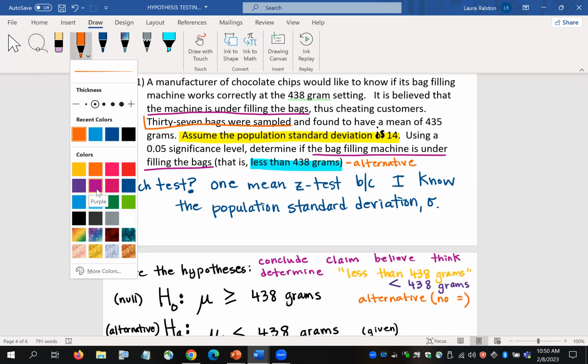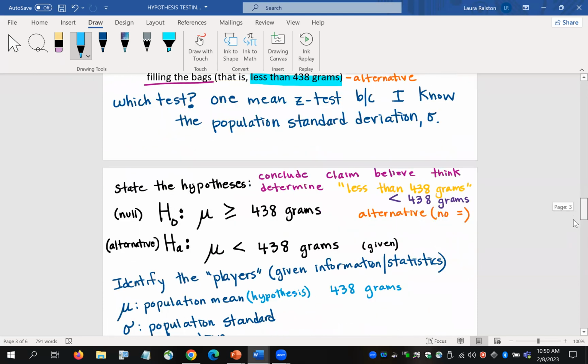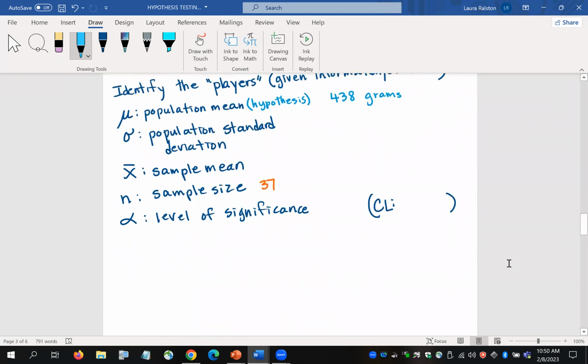Continuing as I read that sentence, it says, and found to have a mean. It doesn't literally say sample mean, but it's talking about the bags that were sampled, so that implies that's my sample mean of 435.